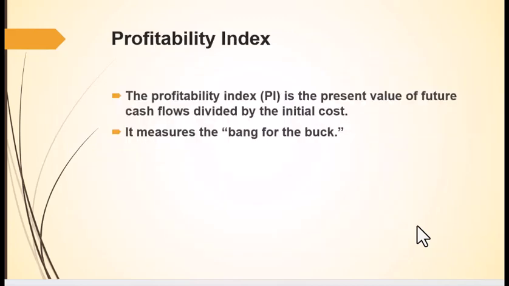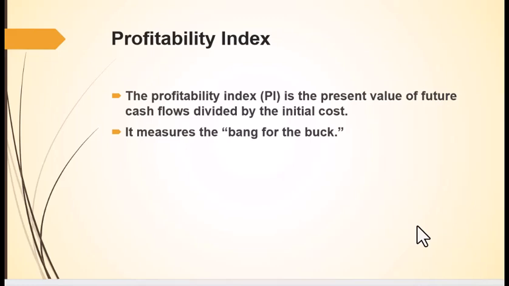The next technique talked about is the profitability index. Basically, this gives us another picture that's very similar in formula to net present value, but it doesn't have the guarantee, if you will, in quotes, of measuring the change in wealth. But it does give us a little bit of a measure of the bang for the buck.